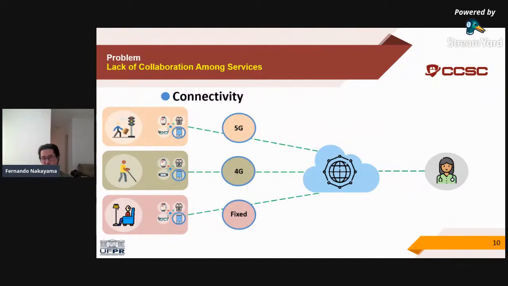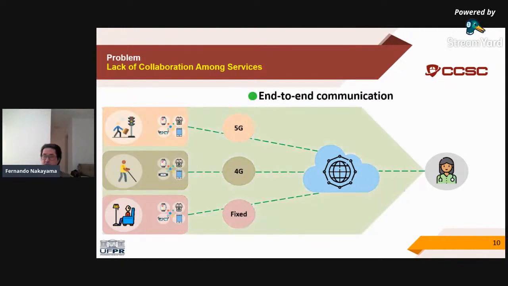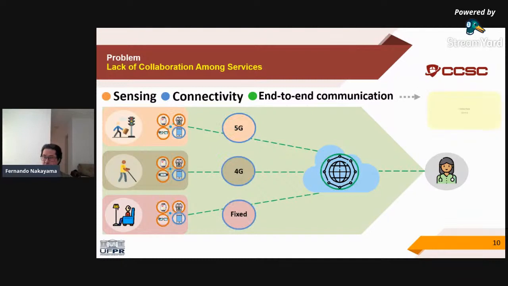Additionally, it relates to every communication involved in this process. And we have the end-to-end communication services that comprise the communication between the devices and the computing infrastructure in the internet. The problem is that those services lack coordination among themselves.